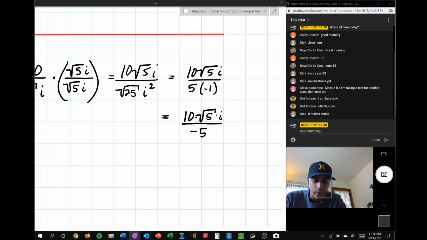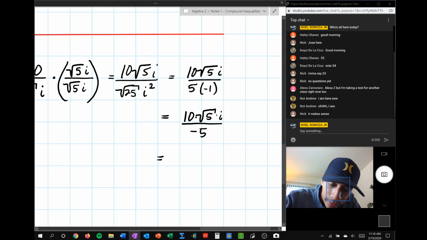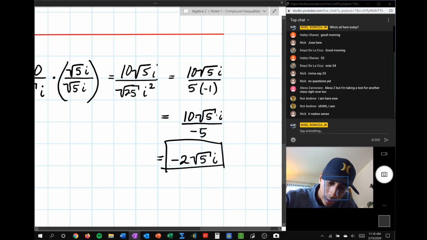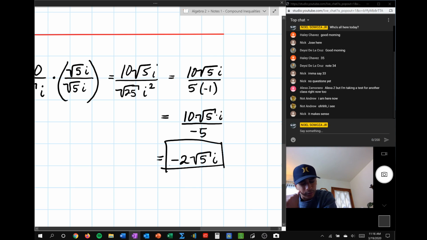Okay, 10 divided by negative 5 is negative 2. Everything else stays in the numerator. And that right there would be my simplified version of that value: negative 2 times square root of 5i.